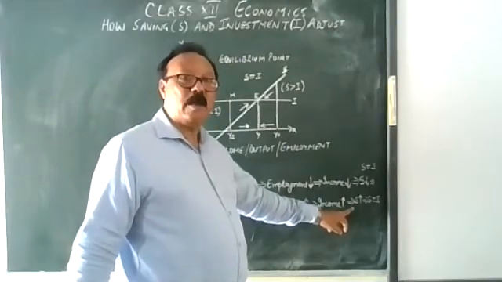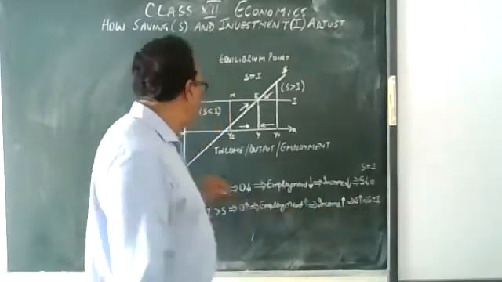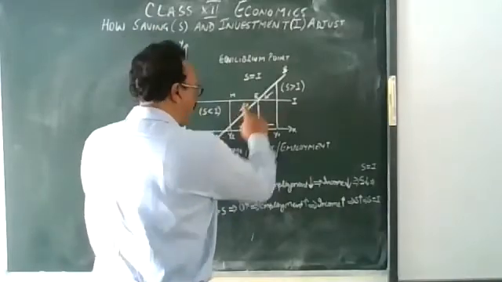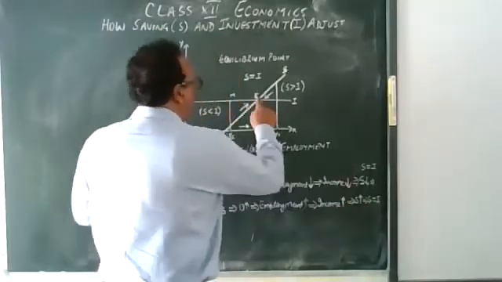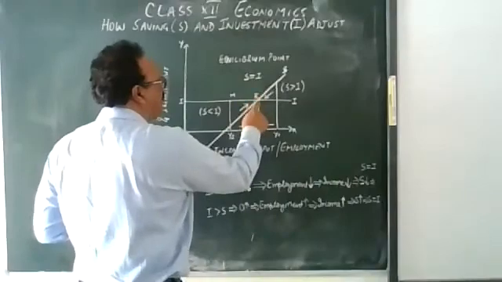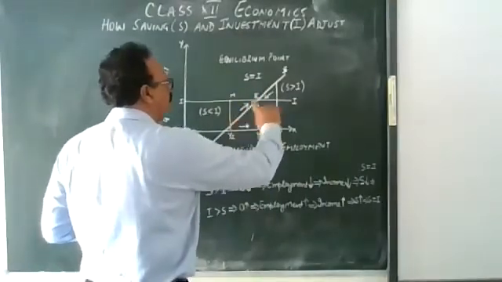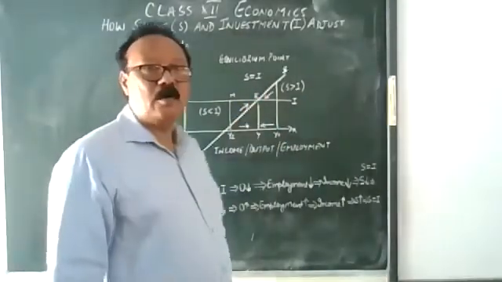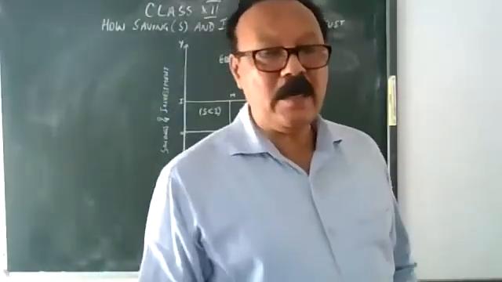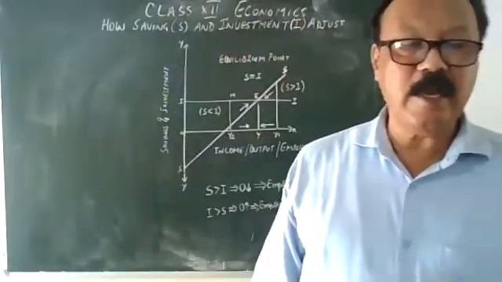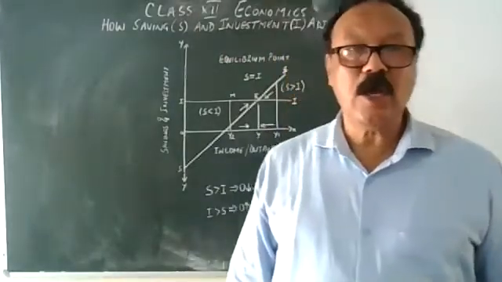And this implies your savings will rise, keep on rising till S is equal to I, till it reaches this point. So you see the upward arrow. This is how the savings and the investment adjust to each other.